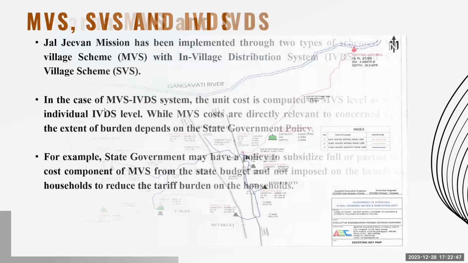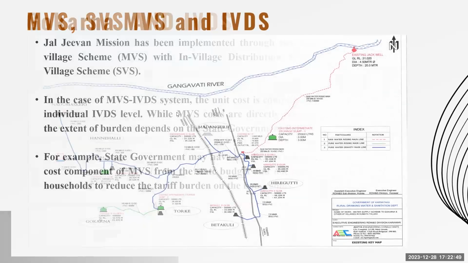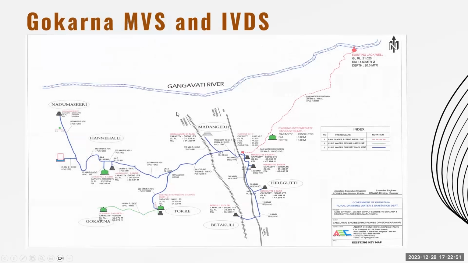So we take an example of an MVS. This is Gokarn in Uttara Kannada district of Karnataka state, where they get water from the Gangavati river. They have a jack well about 17 kilometers away from the plant, the master balancing reservoir and treatment plant.